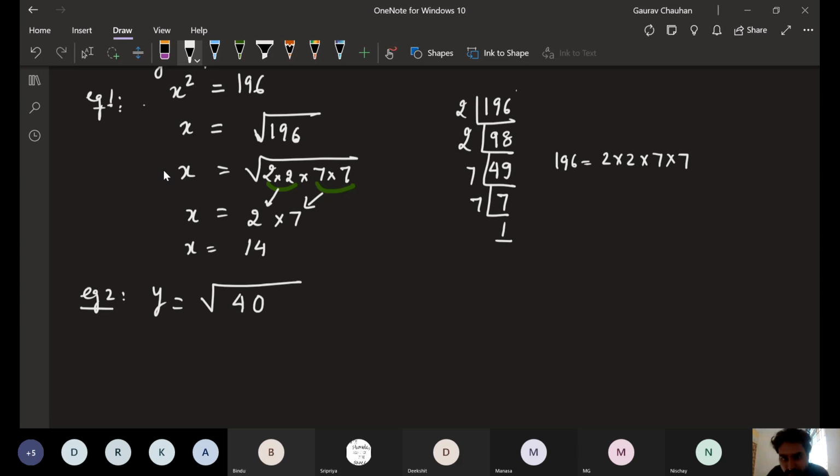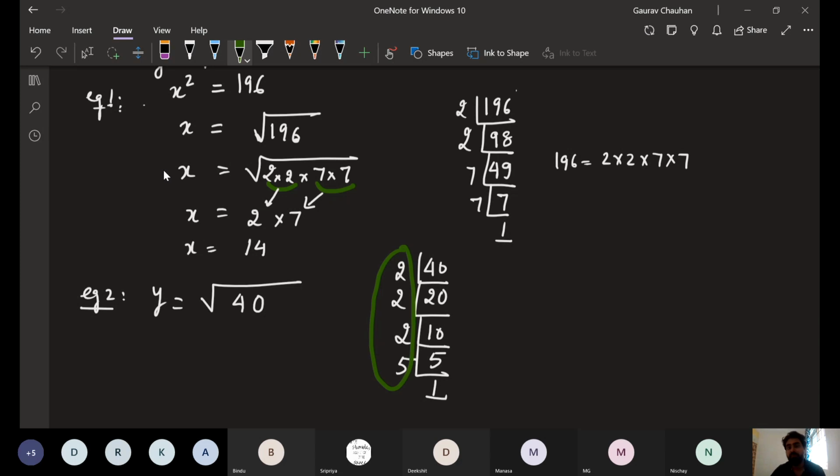Here the same process I'm going to do. 40 divided by 2 we get 20, divide by 2 we get 10, divide by 2 again we get 5, divide by 5. We are just using prime numbers, better to start with smaller and go bigger. Even if you take a bigger prime number earlier, it's okay. Finally it will all be in multiplication, and multiplication is commutative, so we can swap.